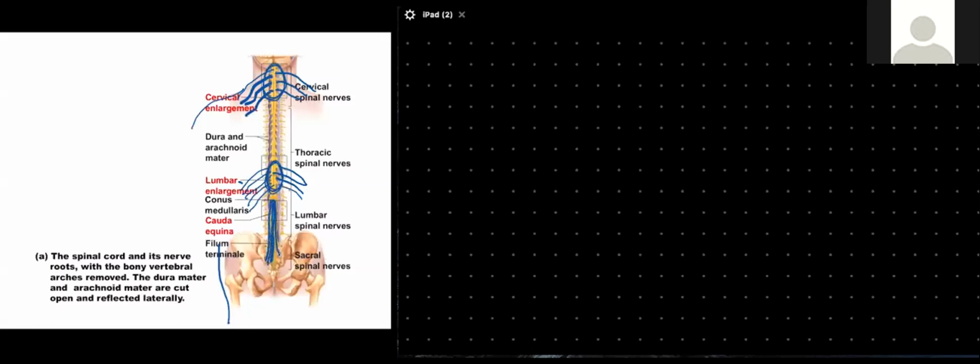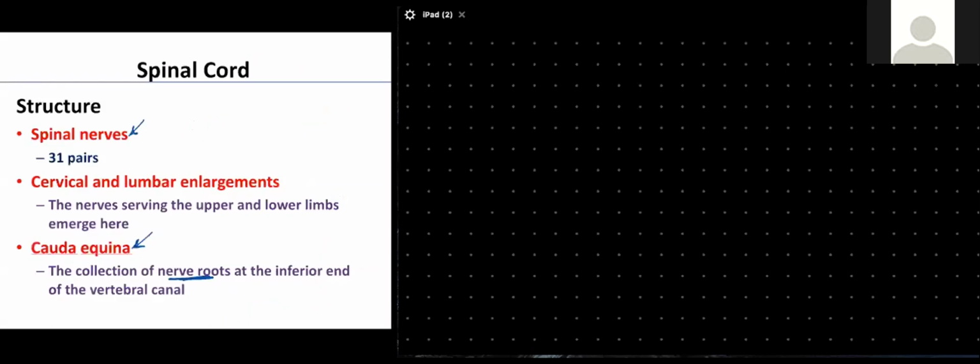It's formed of just nerves. You don't have spinal cord below this point. All right, so what do we call this tail of the horse? We call it the tail of the horse, cauda equina. Cauda equina is tail of the horse.